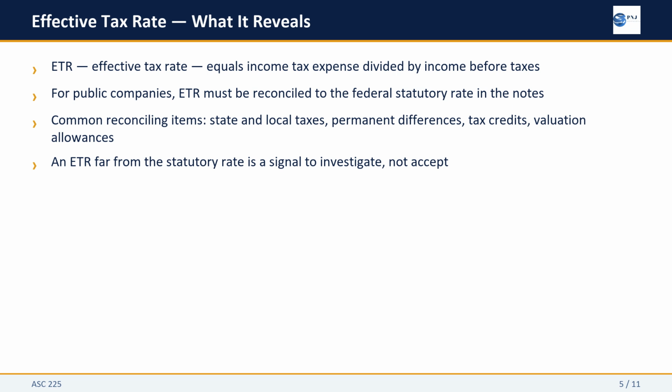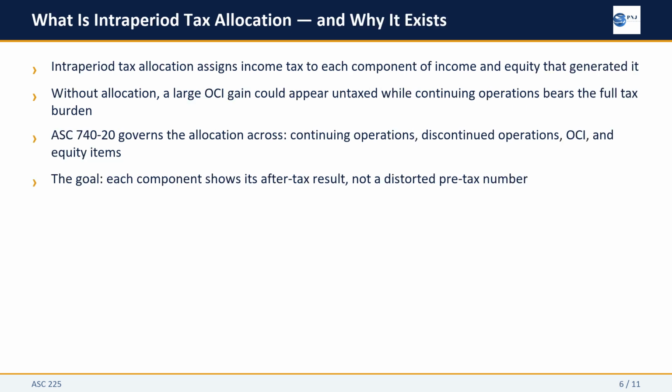Common reconciling items include state taxes, permanent differences like non-deductible expenses or non-taxable income, R&D tax credits, and valuation allowances on deferred tax assets. An ETR that sits far from the statutory rate is a signal, not a curiosity, that demands investigation and documentation before financial statements are issued.